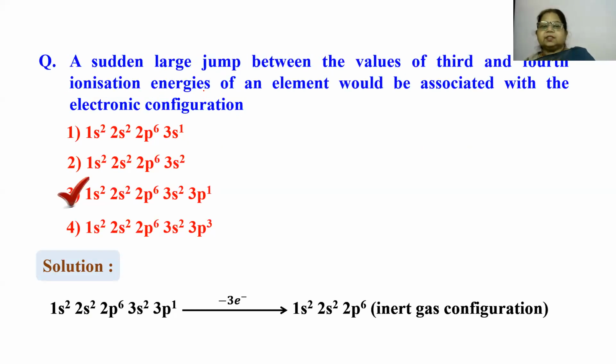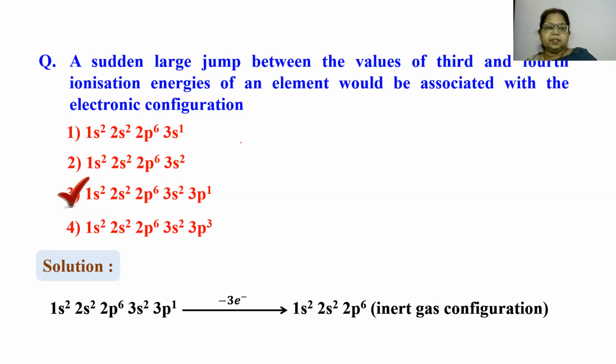See, the question says a sudden large jump between the third and fourth ionization enthalpies of an element would be associated with, and the correct answer is marked as option C, right? Now we need to understand it in terms of ionization enthalpies. Why is there a sudden jump? A sudden jump will be shown only when the inert gas configuration or a stable configuration comes.